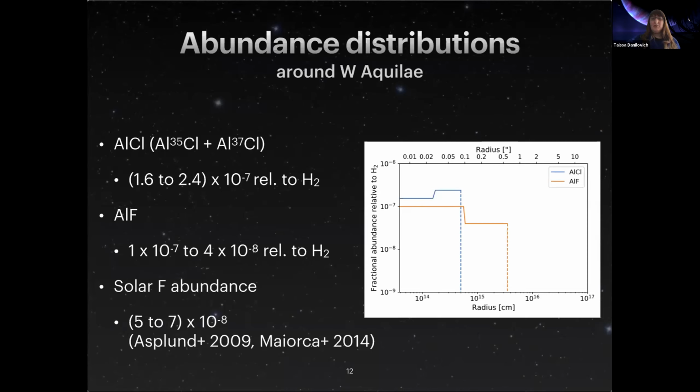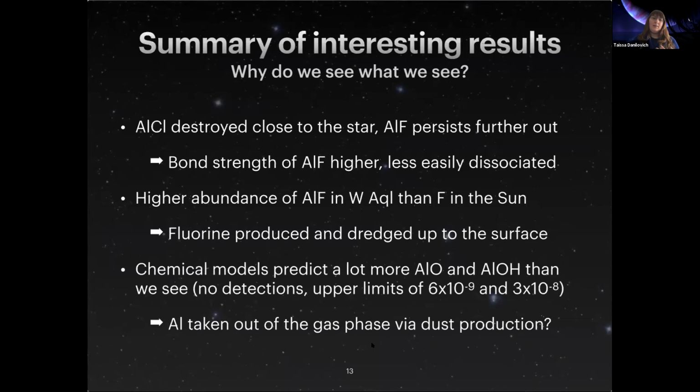So what is really interesting about these results is that we see the AlCl is destroyed close to the star. We don't quite know exactly what is causing this. It's possible that it is being incorporated into dust or just being destroyed through other chemical reactions. AlF persists further out, and this is actually less of a surprise since the bond strength of AlF is a bit higher than for AlCl.